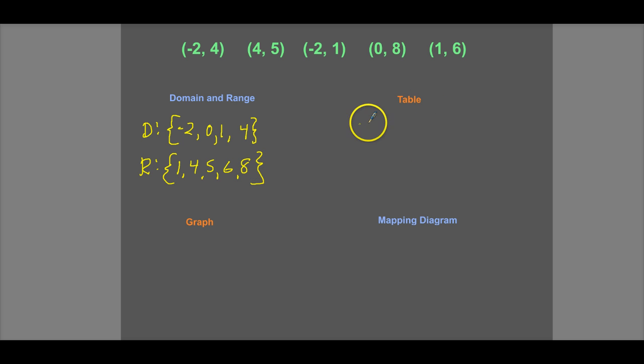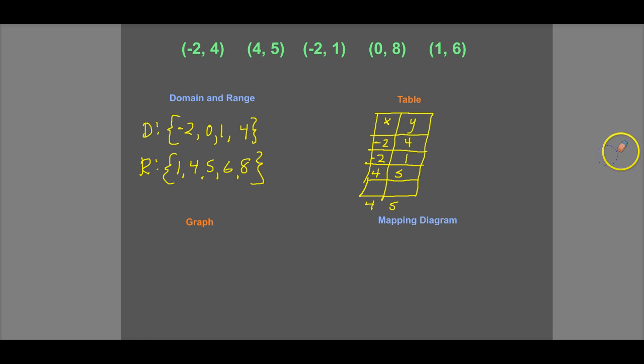For a table, I might have x and y values, and I'll put -2 and 4. To give myself a nice look, I might just put the x's in order. -2 and 1, 4 and 5, which I should have put down here.